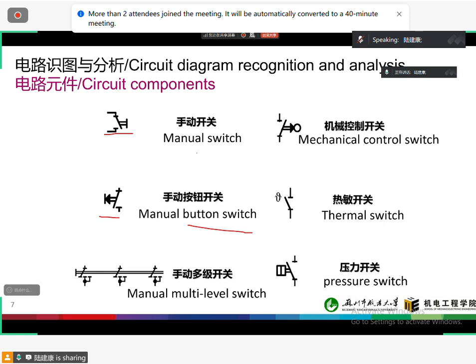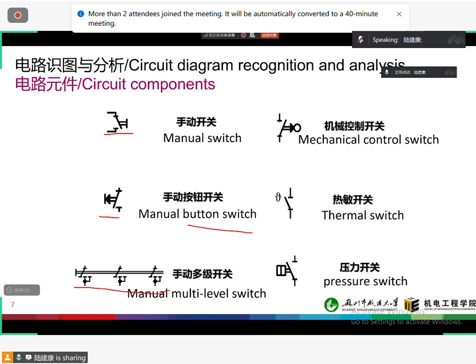And this is a multiple level switch, normally used as our ignition switch in our vehicle. The ignition switch is like the key where we insert. When we start the engine, we have to insert the key into the socket. Then we start the engine.